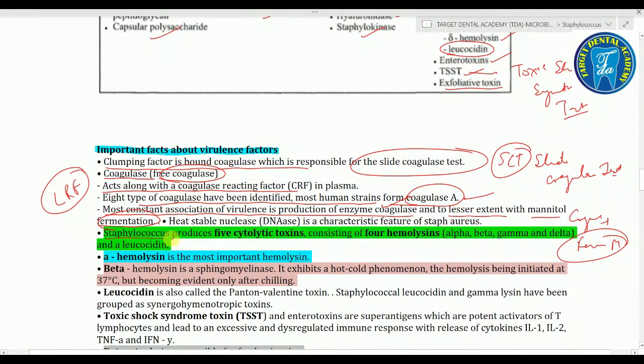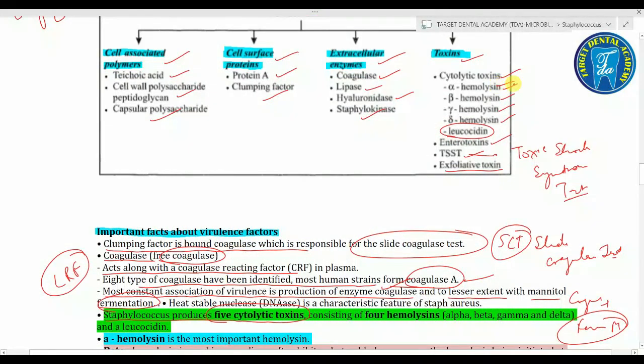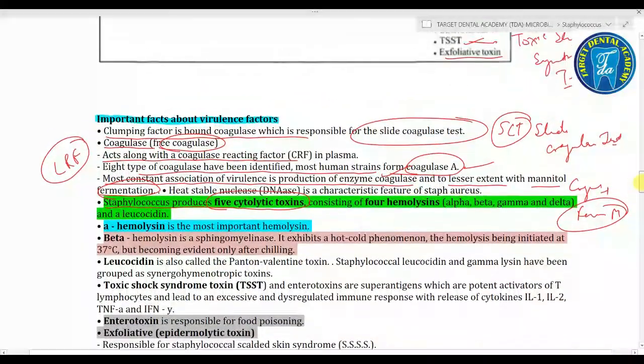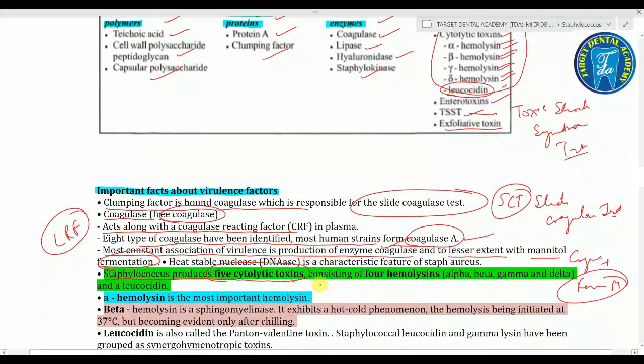Staphylococcus aureus produces 5 cytolytic toxins, which are alpha hemolysin, beta hemolysin, gamma hemolysin, delta hemolysin and leukocidin.